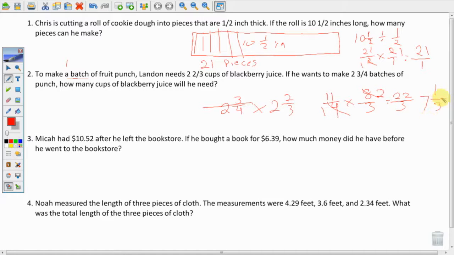So I'm going to need 7 1/3 cups of blackberry juice. When I get my answer here, that's all fine and good that I have the correct answer, but I need to put it back in word form because I'm working out a word problem. So 7 1/3 cups of blackberry juice.